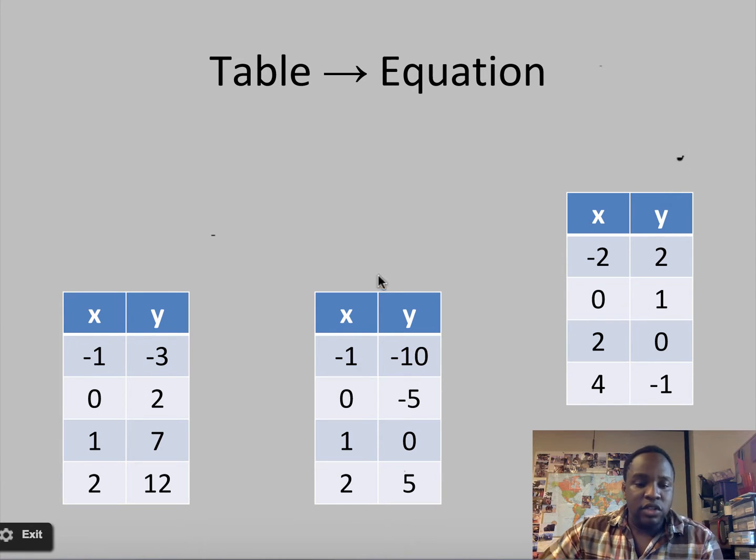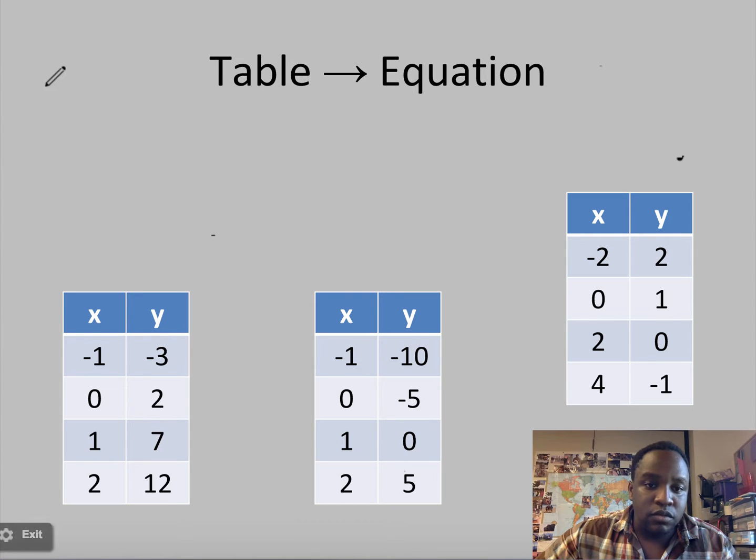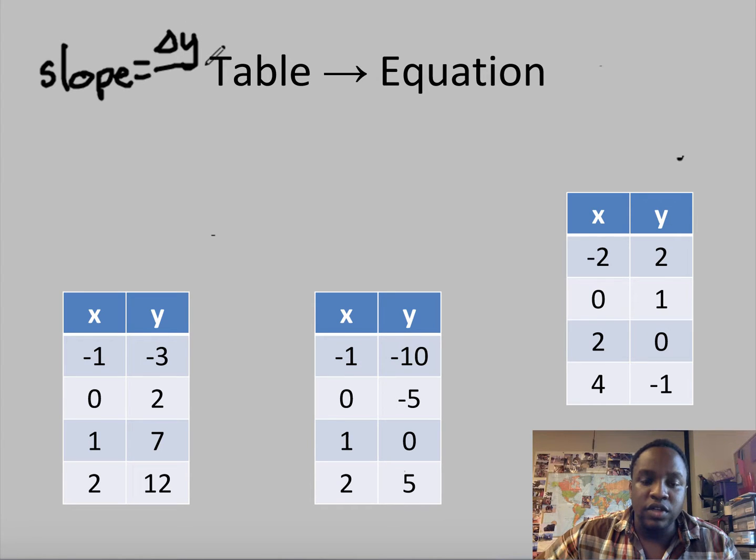So what we have to look for is how the change in x values and the change in y values happen. So remember, slope is equal to change in y over change in x.